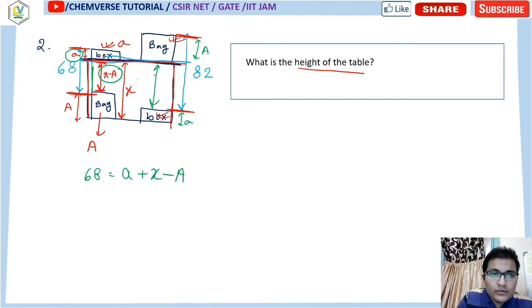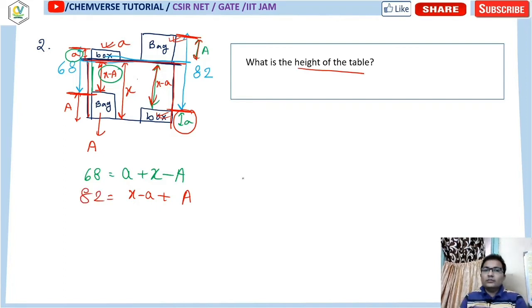So this height is x minus small a, because small a is this part. So x minus small a plus A means this one, it is equal to 82. These are the two equations.